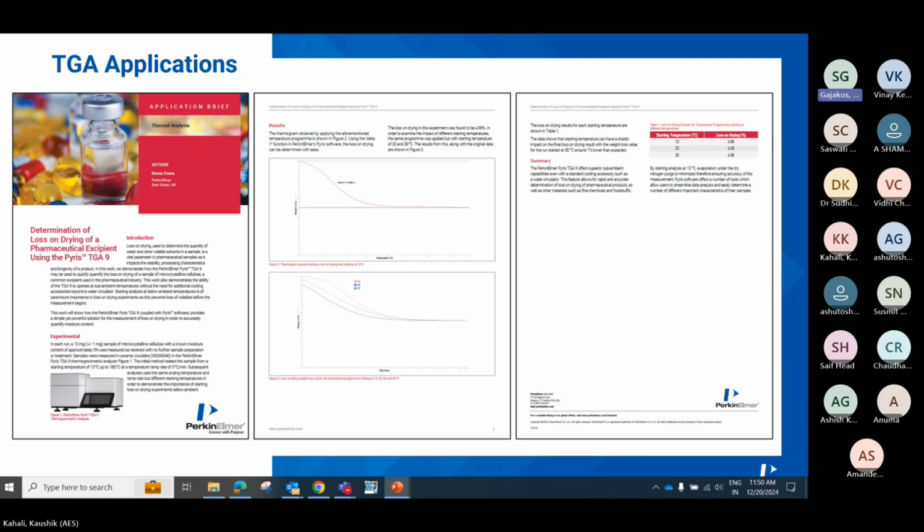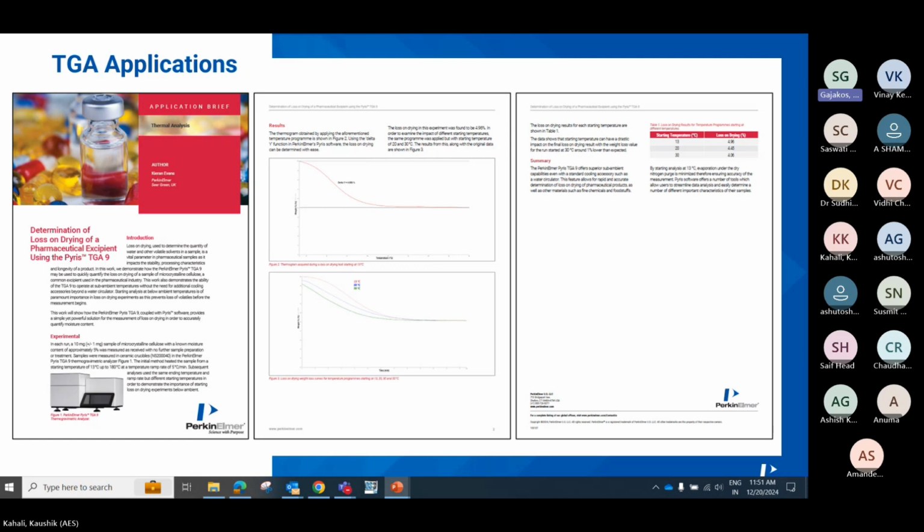Here we are talking about a pharmaceutical product, microcrystalline cellulose. In the pharmaceutical industry, particular information from the sample is very critical, because these pharmaceutical products, all the syrups and the tablets, will directly impact our human health.